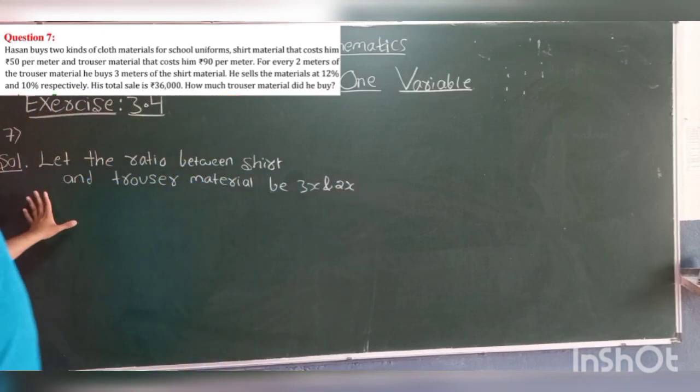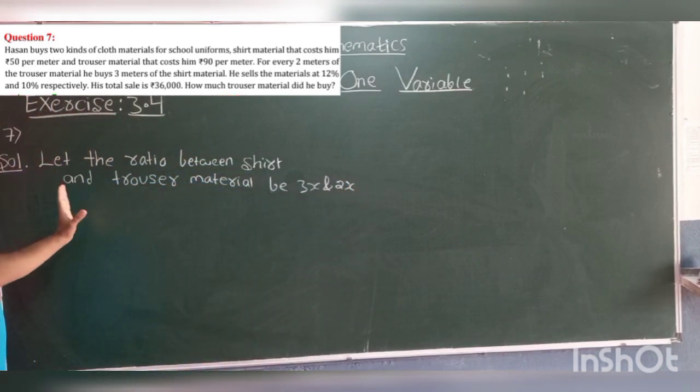Okay, so what we have taken, students? Let the ratio between shirt and trouser material be 3x and 2x.